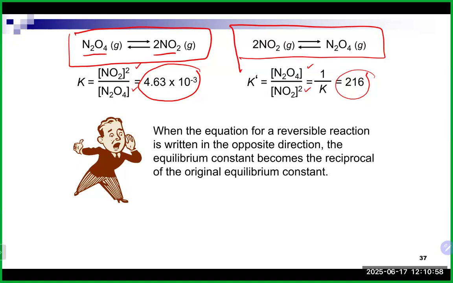So when you see a K value, it is specific for who's on the reactant side and who's on the product side, the way it is written. And if you flip the reaction, you need to invert the K value. So if we add reactions together, we need to multiply K values to get the overall K value for that reaction. If we reverse a reaction, we need to take 1 over the K value.